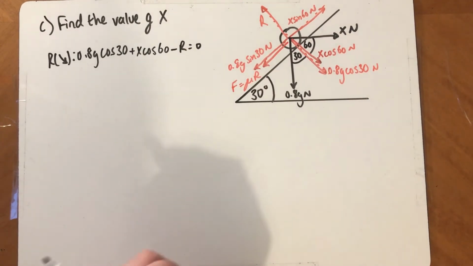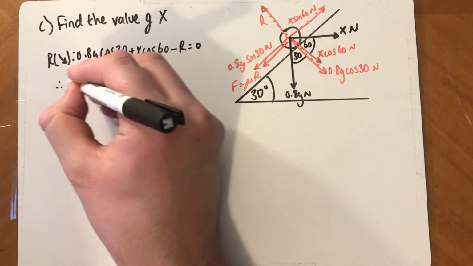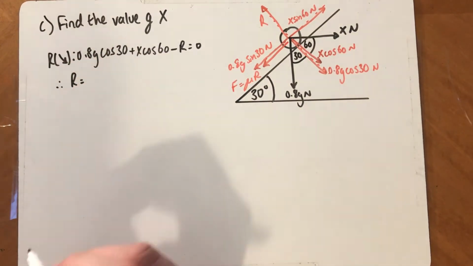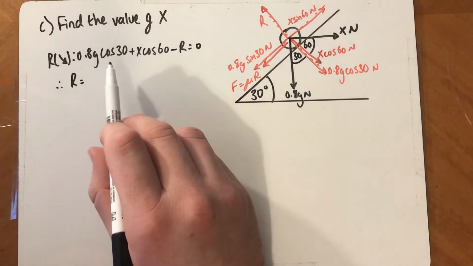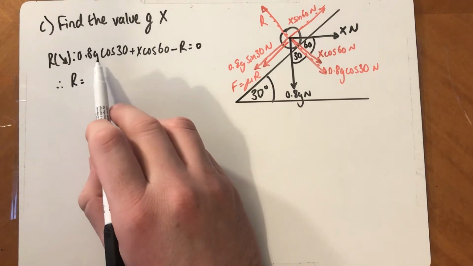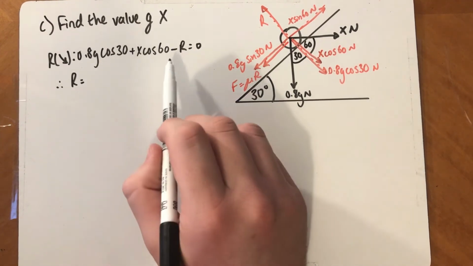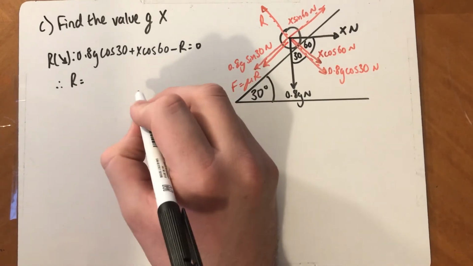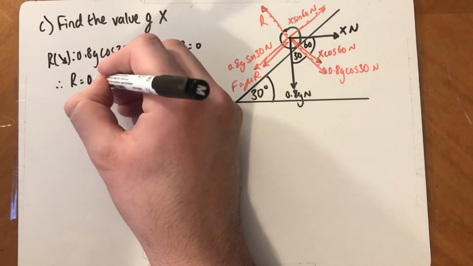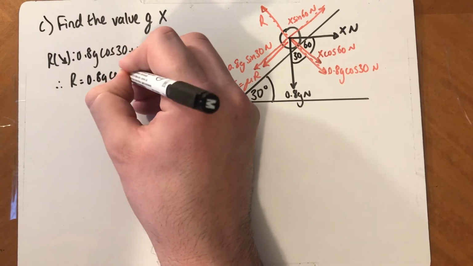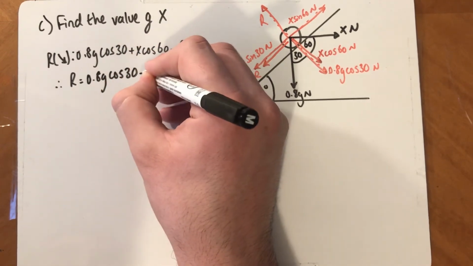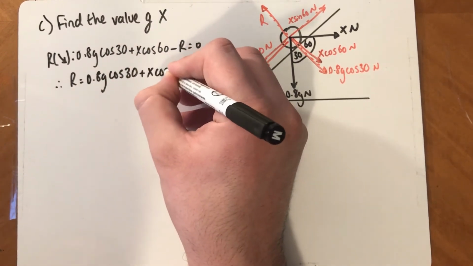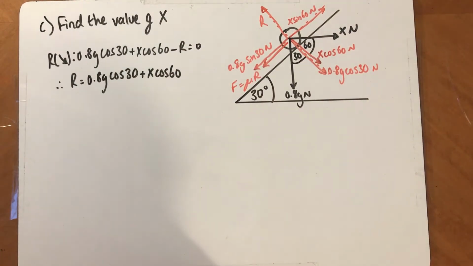No acceleration happening here. Acceleration is 0. So if I rearrange for R, what I'm going to do is minus 0.8 g cos 30, and I'm going to plus R on both sides. That'll be much easier. Okay, so I get R equals 0.8 g cos 30 plus x cos 60.